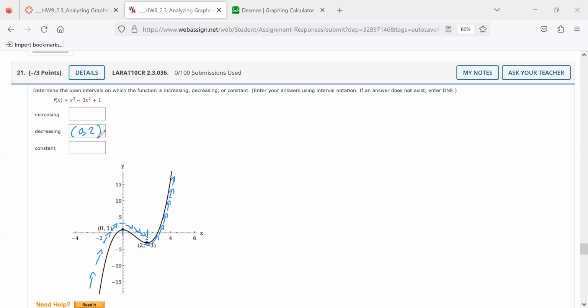Would it be negative infinity to 1? Negative infinity all the way until here. Because here it changes. So increasing from negative infinity until 0. Remember, look at the x's.